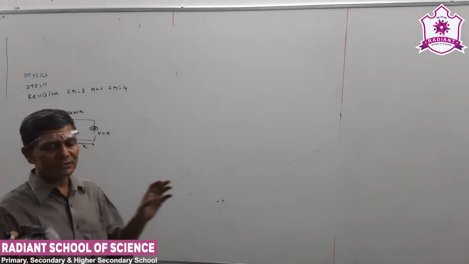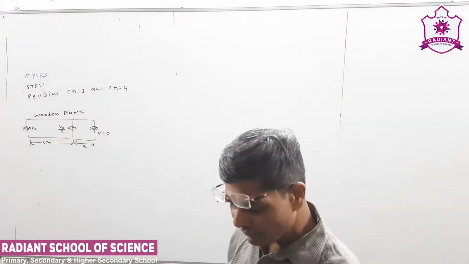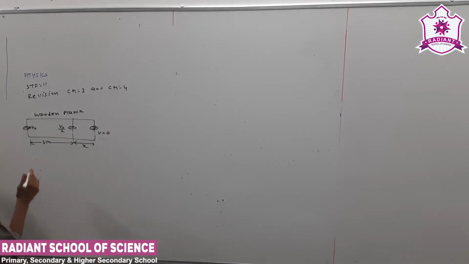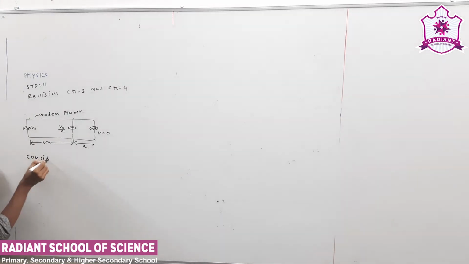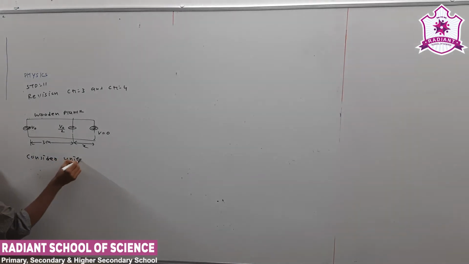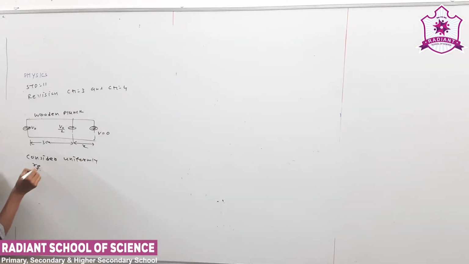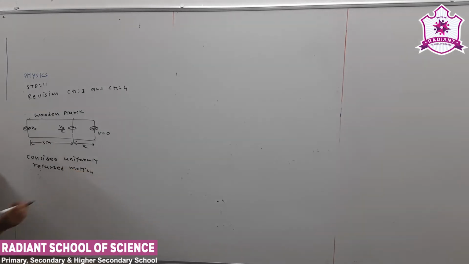See, by using the same notation, what can we consider? Consider uniformly retarded motion. So we can calculate the same thing here. Recall our formula, h dash is 3 by 4 h. Now here h is not given, h dash is given. h dash is 3 upon 4 h, so h has become 4 centimeter.